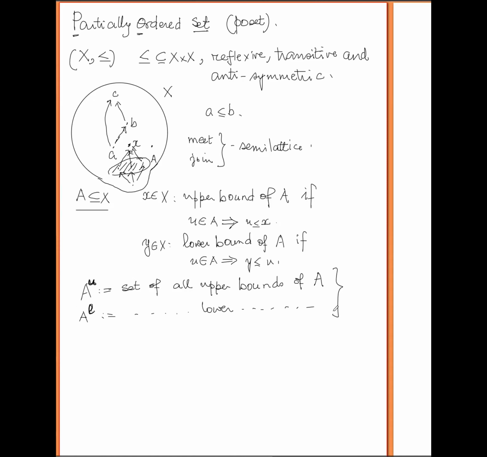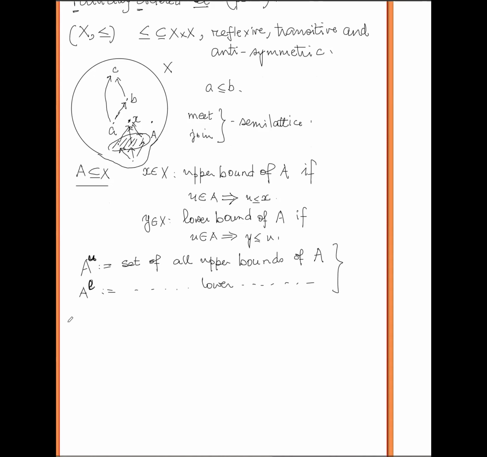So let's take up some simple examples. Say, let's take the set of all integers, and this is the usual order. What does it mean? M is less than or equal to N if and only if N minus M is greater than or equal to 0.